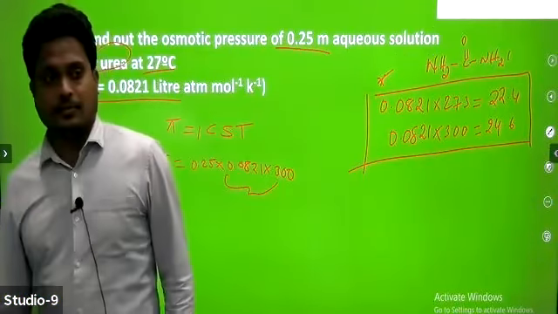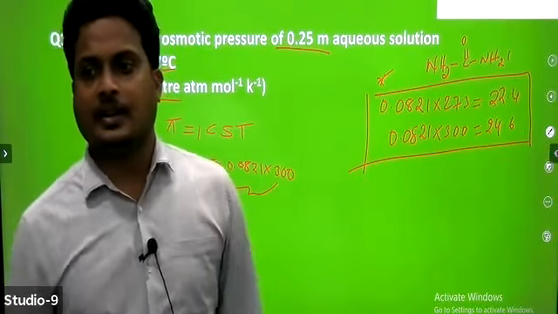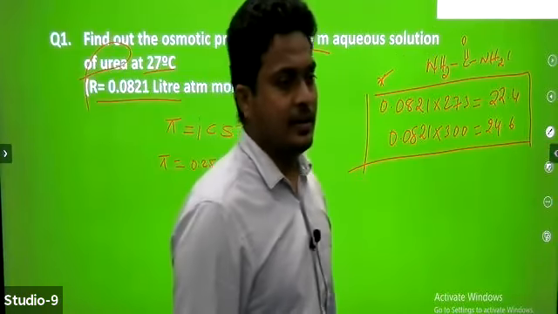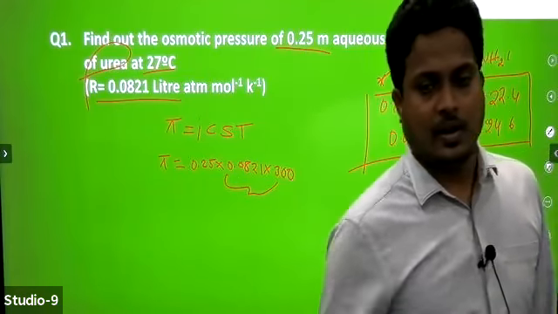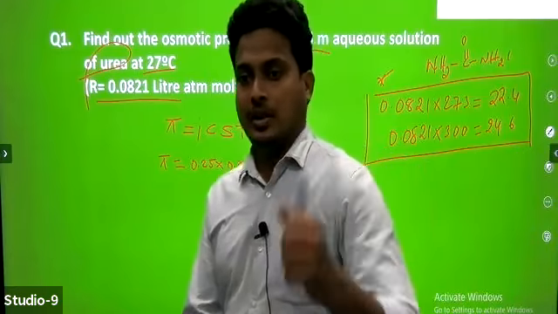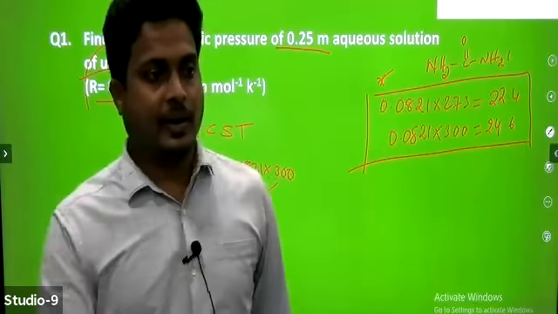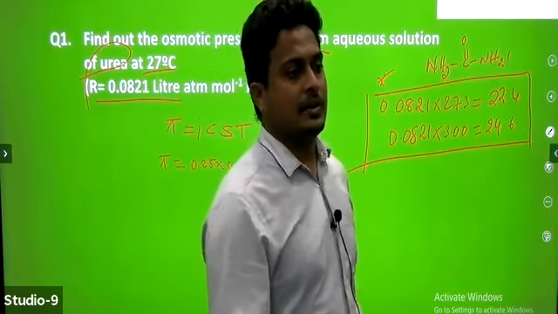According to van't Hoff, all dilute solutions behave like gases. Colligative properties, osmotic pressure, relative lowering of vapor pressure, elevation in boiling point, depression in freezing point, are all properties of dilute solutions.